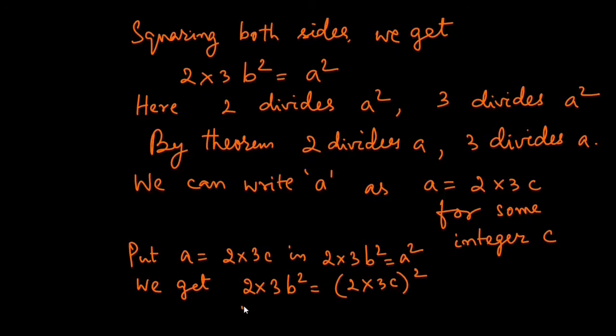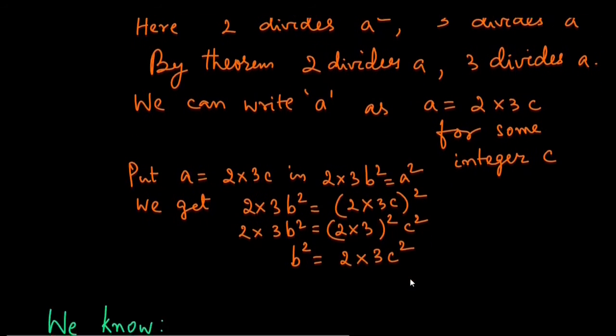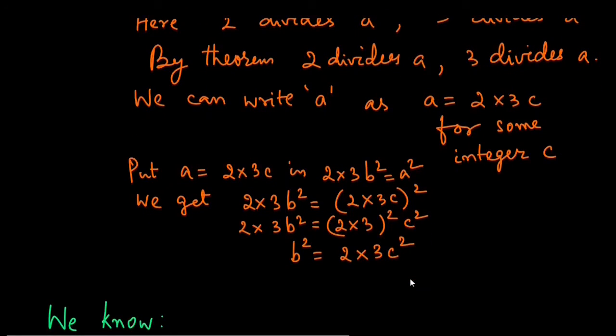From this we get 2 into 3 b square is equal to 2 into 3 square c square. Now cancelling out 2 into 3 on both sides, we get b square is equal to 2 into 3 c square. So here 2 and 3 are factors of b square.